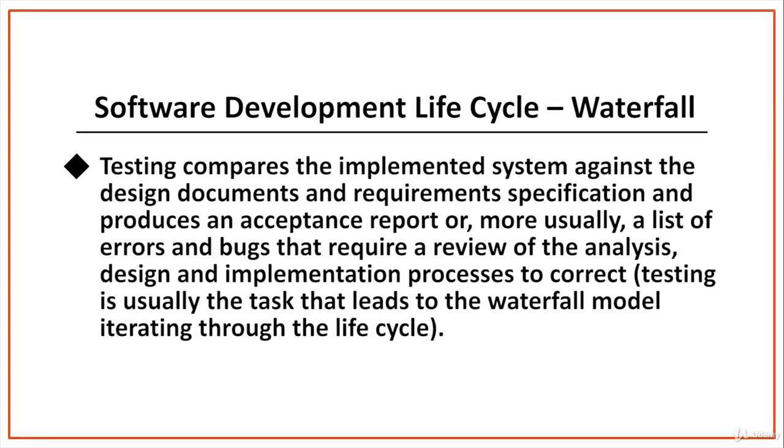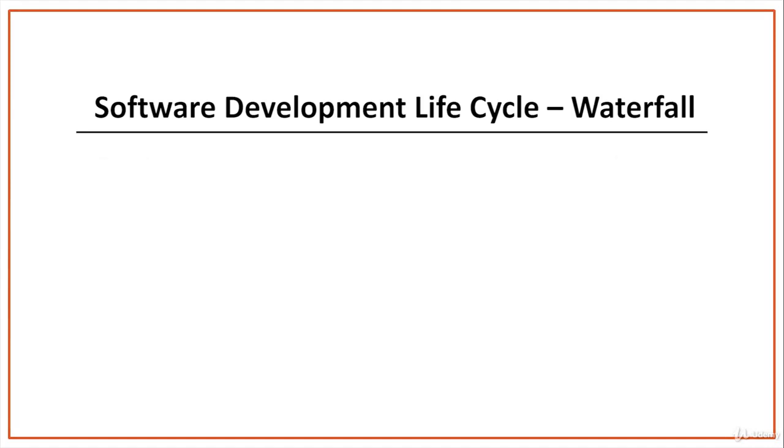Testing compares the implemented system against the design documents and requirements specification and produces an acceptance report, or more usually a list of errors and bugs that require a review of the analysis, design, and implementation processes to correct. Testing is usually the task that leads to the waterfall model iterating through the life cycle.